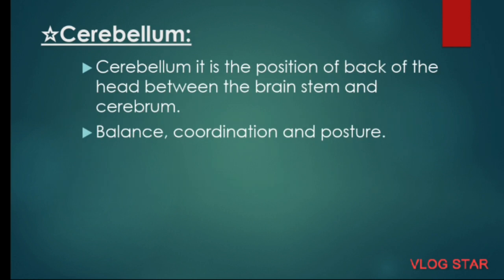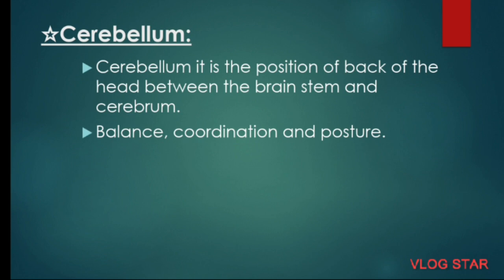So now next we will study about the cerebellum. It is the portion of the brain in the back of the head between the brainstem and the cerebrum, and it performs higher functions like balance and coordination and also the posture. The cerebellum controls the balance like standing and walking.